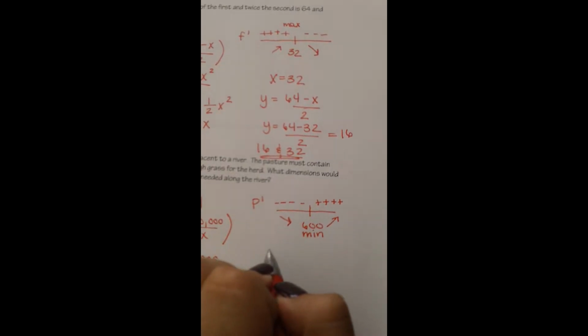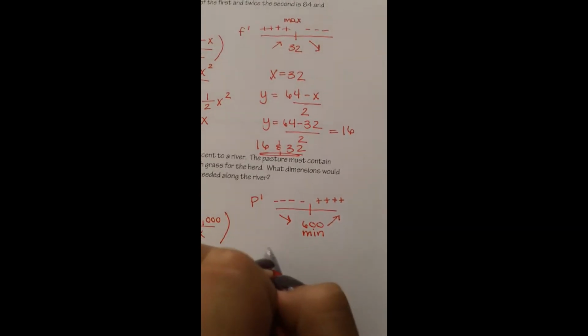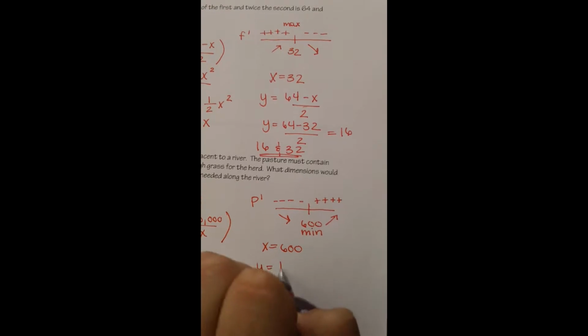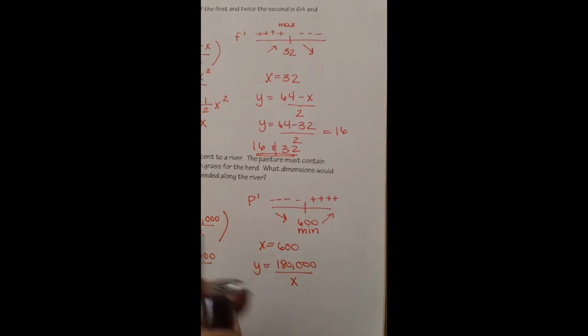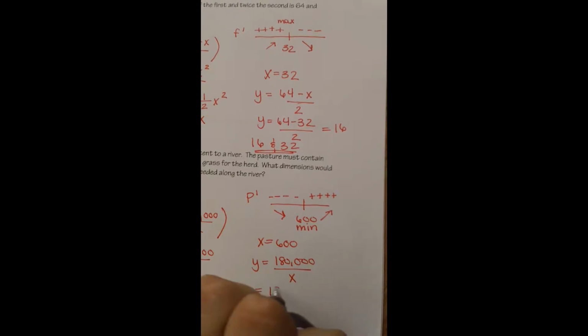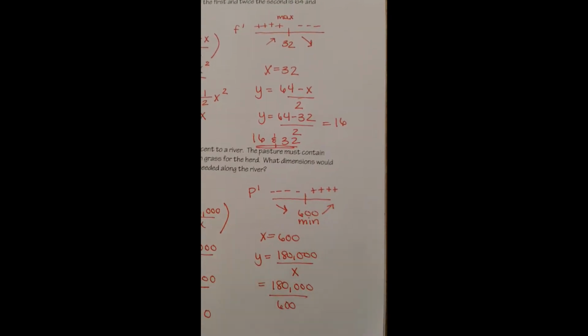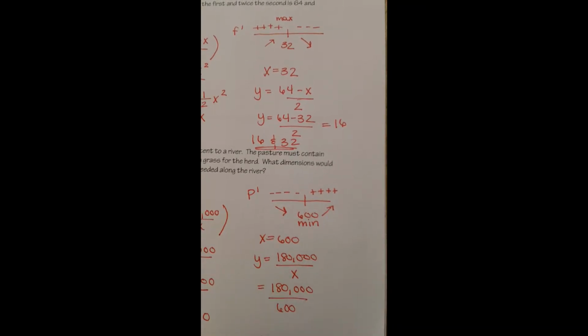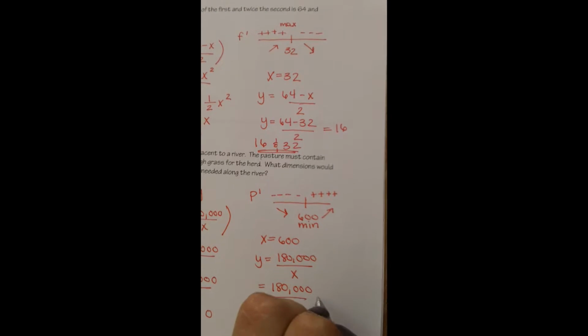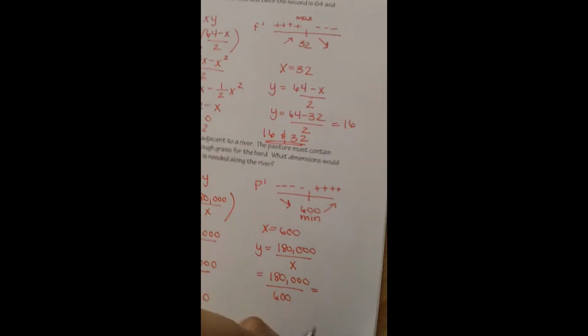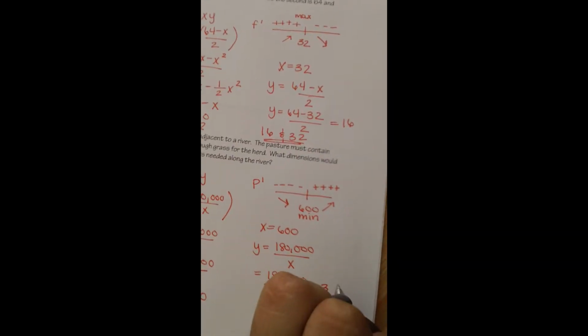So now our x is 600, y was 180,000 divided by x. So this will be 180,000 divided by 600, which will give us 300.